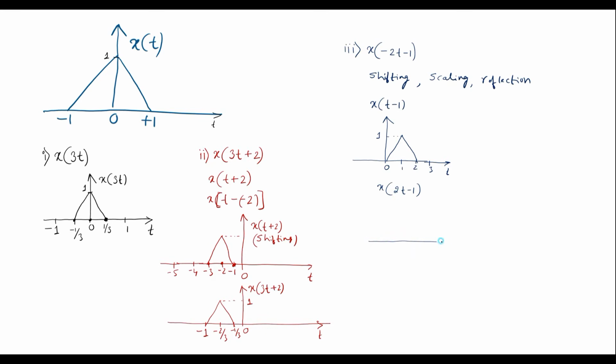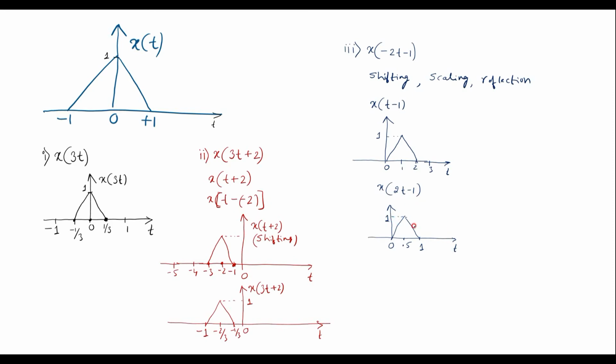It looks like this. So the 0 point will be here, 1 divided by 2, this will be 0.5, and 2 divided by 2 is 1, that is this one. So this is x of 2t minus 1.